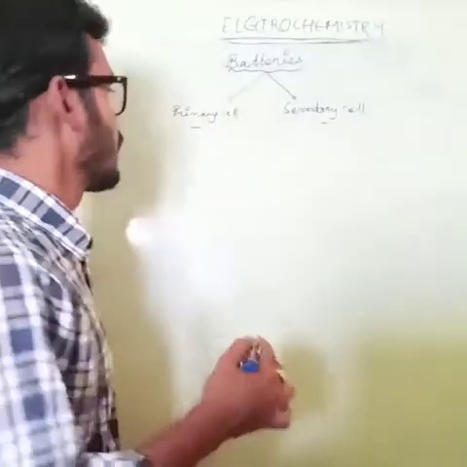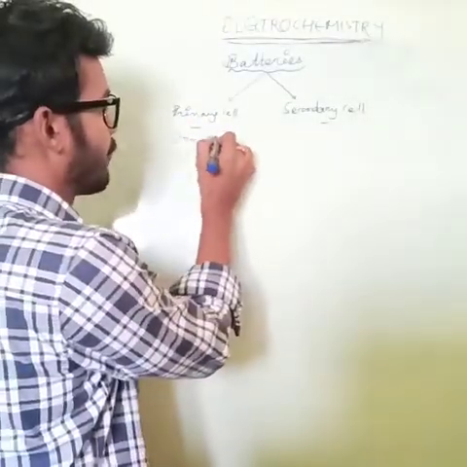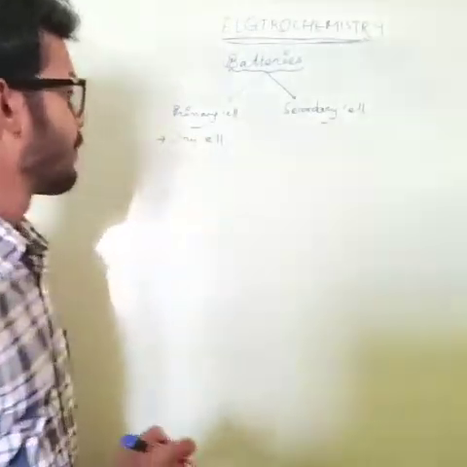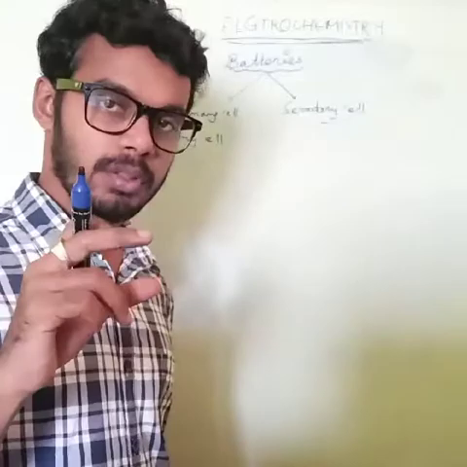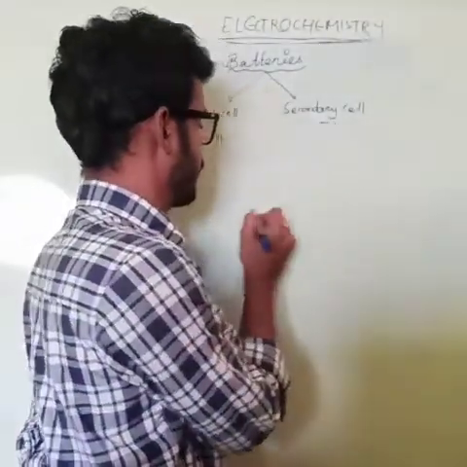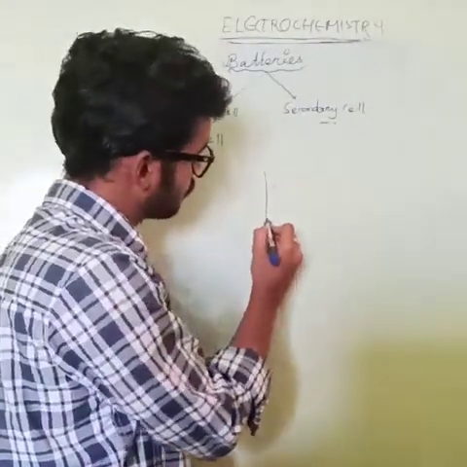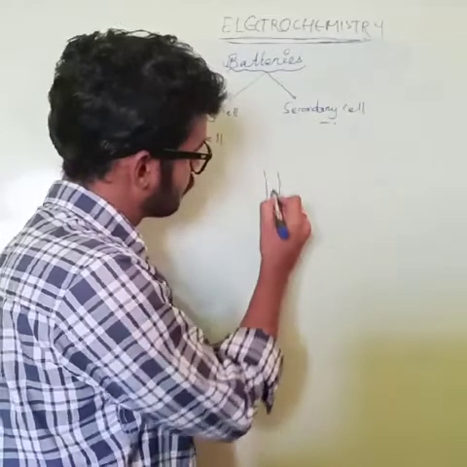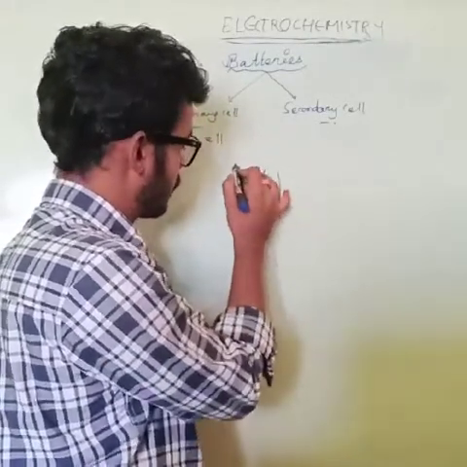Okay. So in primary cell, dry cell, we'll see. So dry cell, that pencil battery, that remote battery. What is the construction part? Let us check here. I'll make it big.